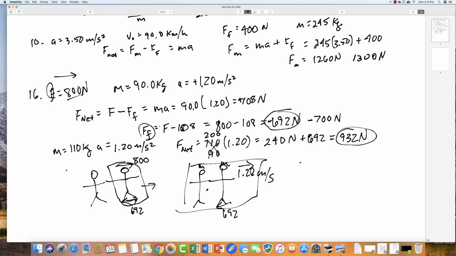And so in order to do that, you have to exert a total force of 932 newtons on the whole system. So the perspective is important in calculating this sort of situation.